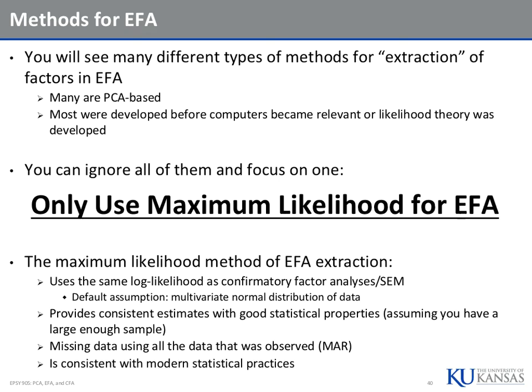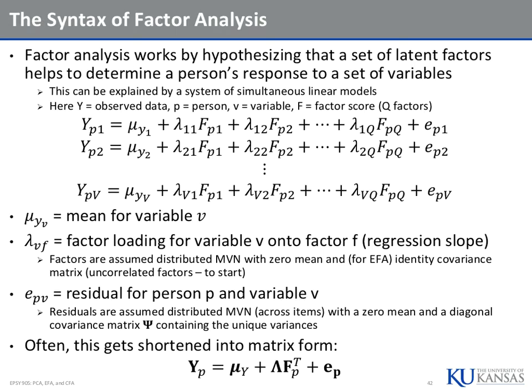Right? So when you start to say, I'm going to do maximum likelihood for it, you're almost in the confirmatory world already. In fact, you're using the same likelihood as confirmatory factor analysis uses. So if you're going to give me maximum likelihood, I'm going to say, if you're going to do exploratory, do it the confirmatory way. But I digress.